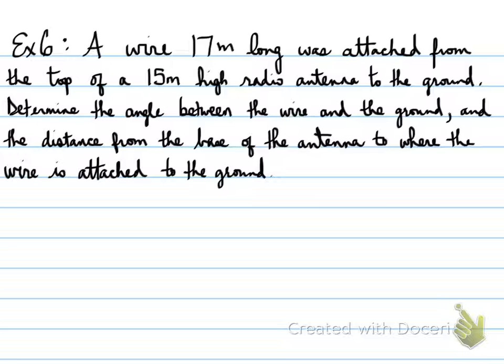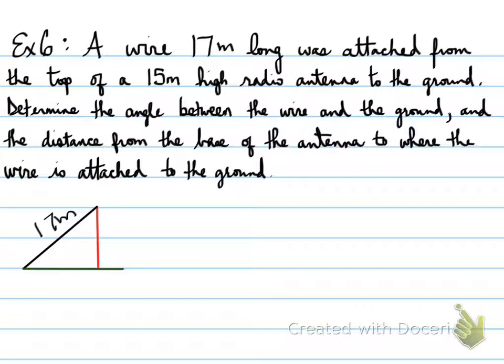Alright, so we're going to draw this. Here's my radio antenna. And I know I have a wire. Let's color the wire black. And we have a wire coming across and touching the ground. And the ground being green. Alright. So we know that this wire is exactly 17 meters long.